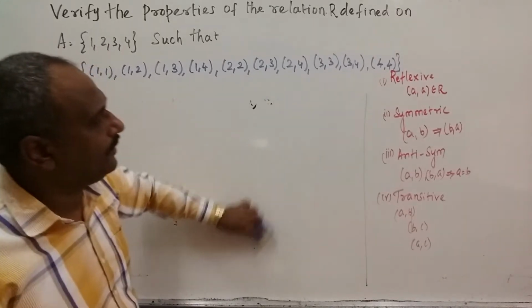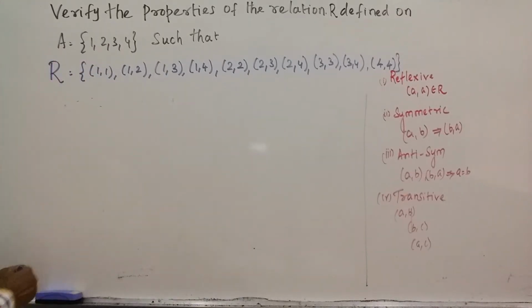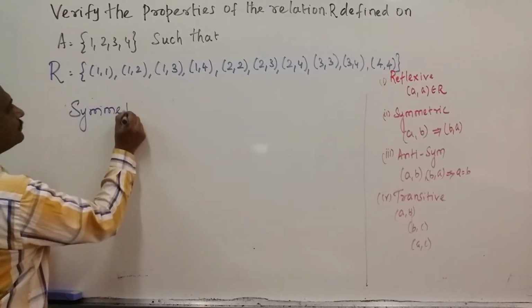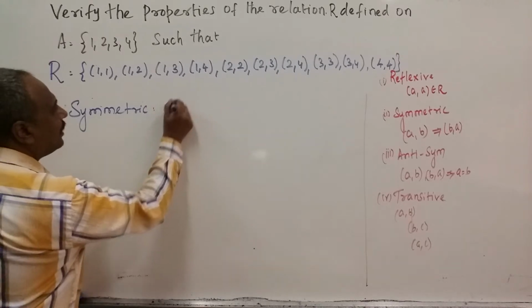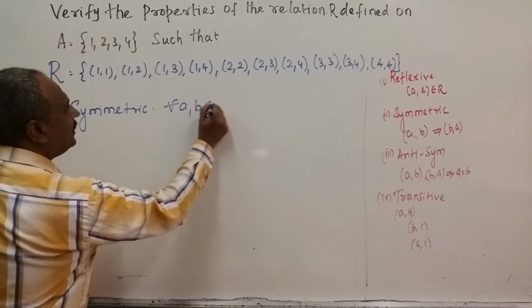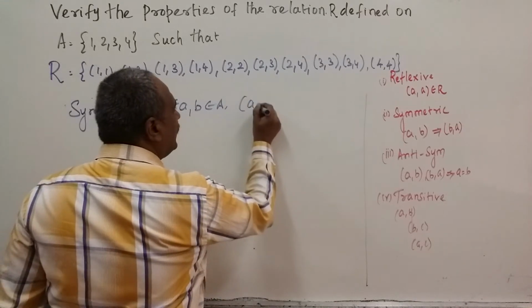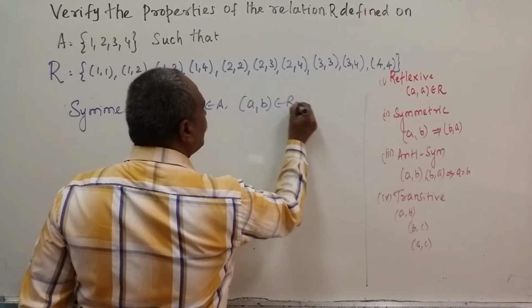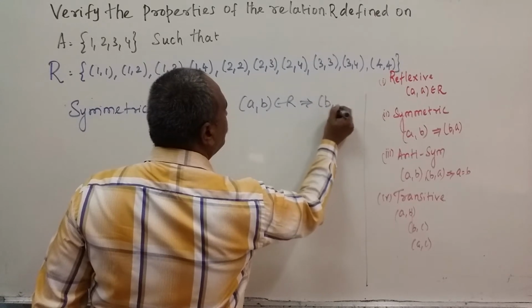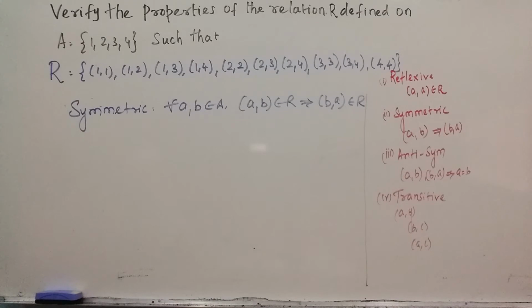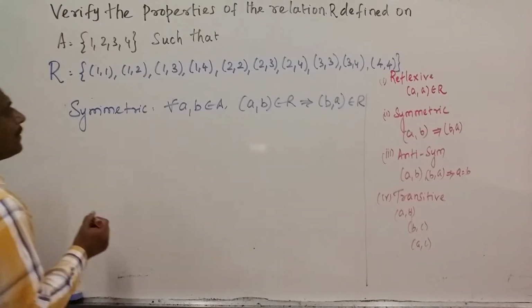What is the meaning of symmetry? We have given symmetry: for all (a, b), (a, b) belongs to R implies (b, a) belongs to R. What is the meaning of this?